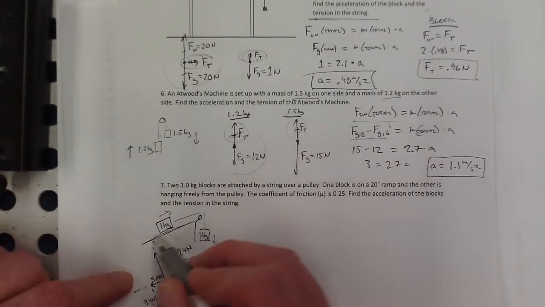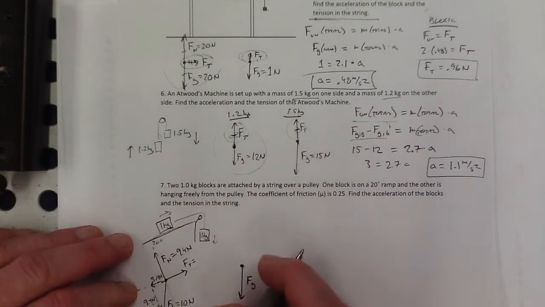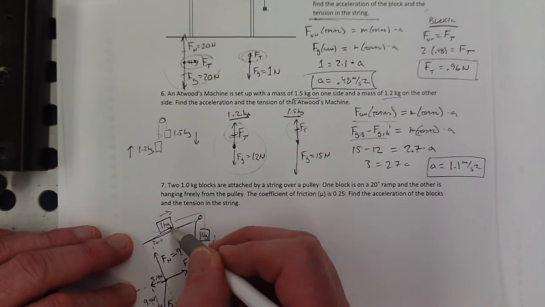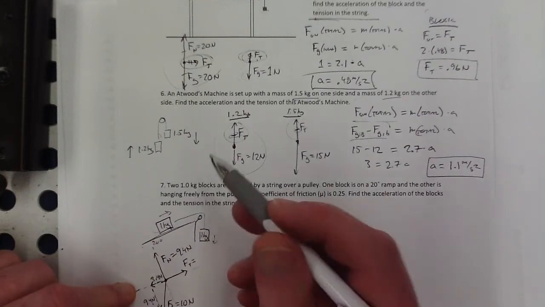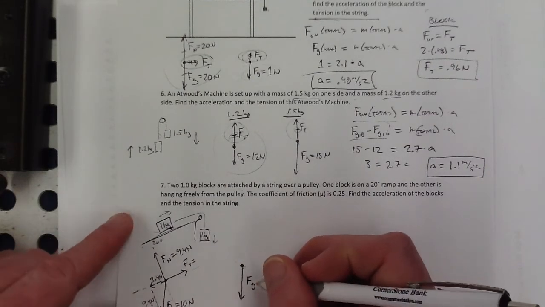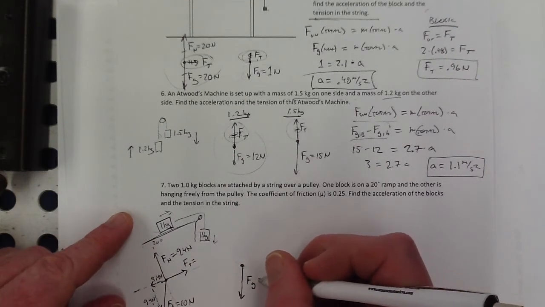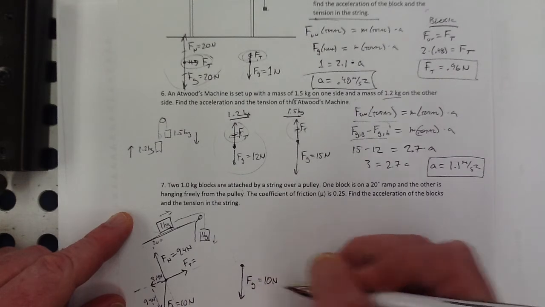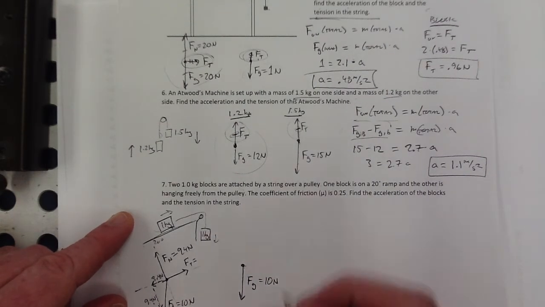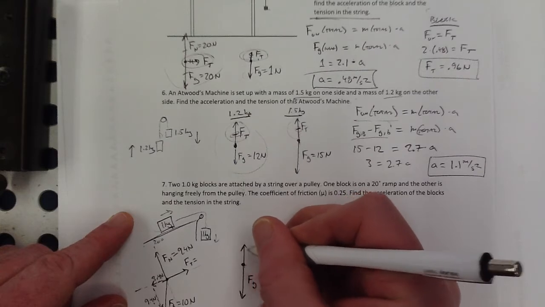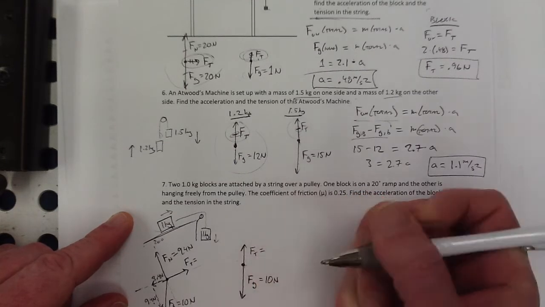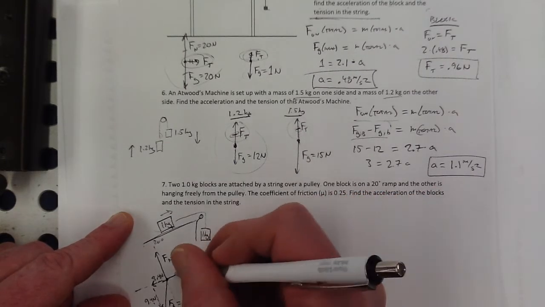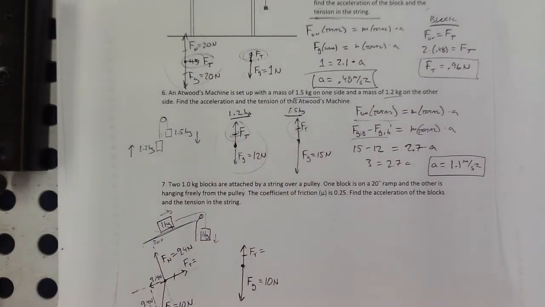But it is possible, depending on this angle and other things, like if this is a heavier block, that it could go down and pull this thing up. But not in this case. Okay, so that's 10 newtons, and that's winning versus the force of tension, which is I don't know what. But those are equal to each other.